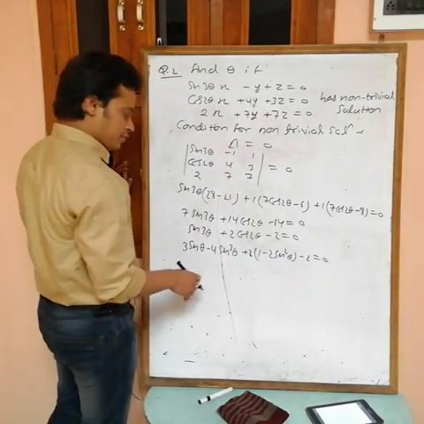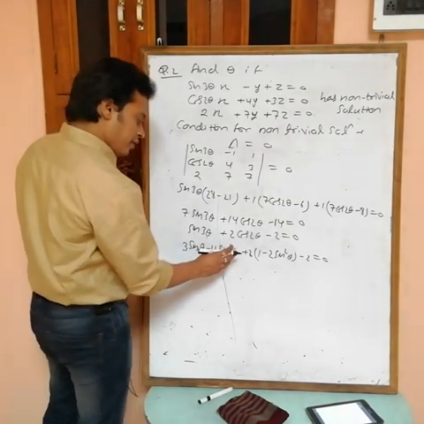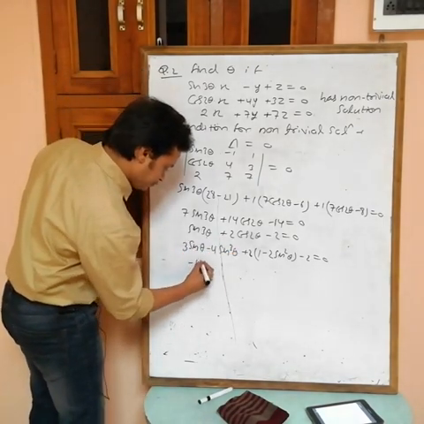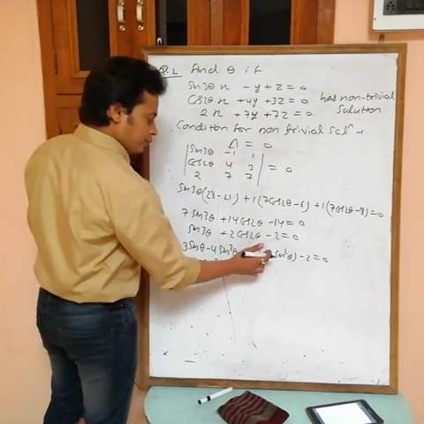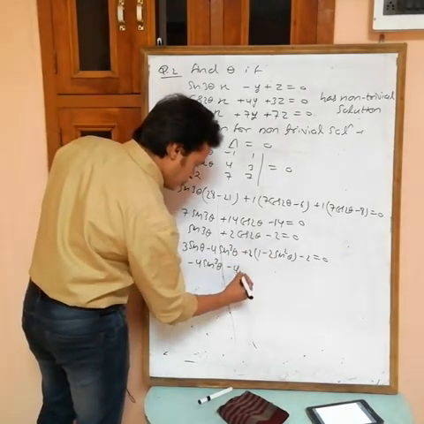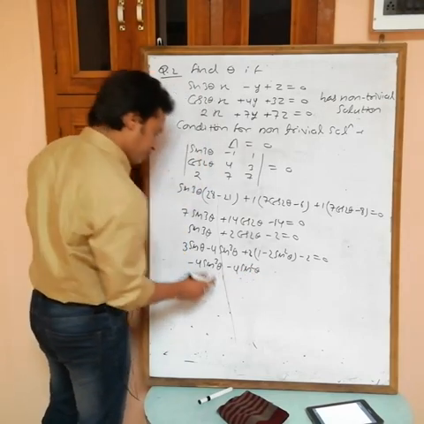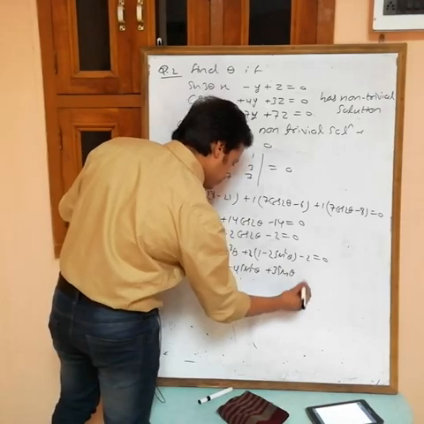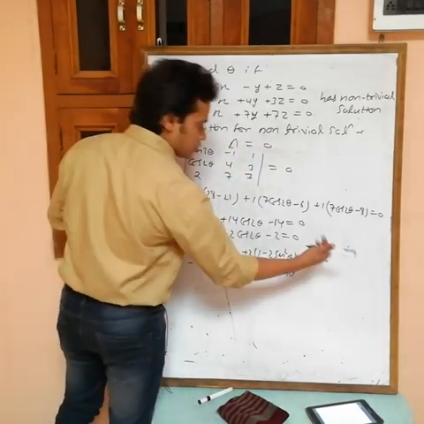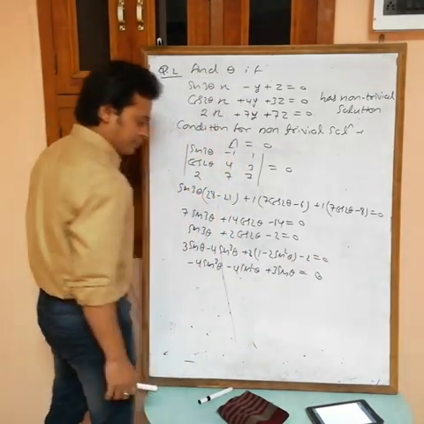Now solve this one. Minus 4 sin cube theta, after that minus 4 sin square theta, after that plus 3 sin theta. Then plus 2 minus 2 will be cancelled out, equals to 0.